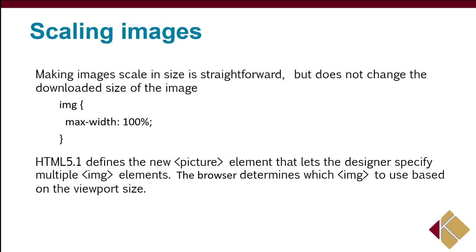So this image here is set to max width of 100, which means it's going to take up 100% of that side to side. But it's not going to change, like we looked at in our lab last week, the actual image size in pixels when you download it.